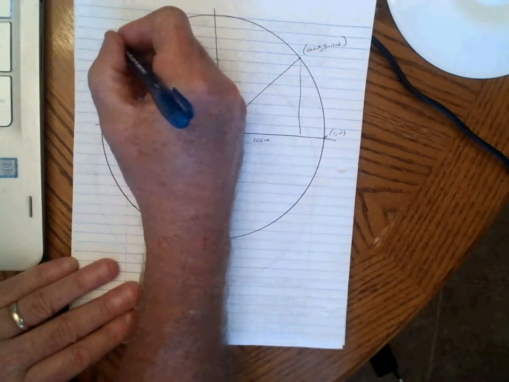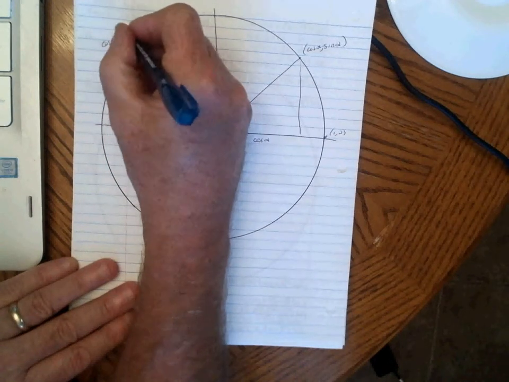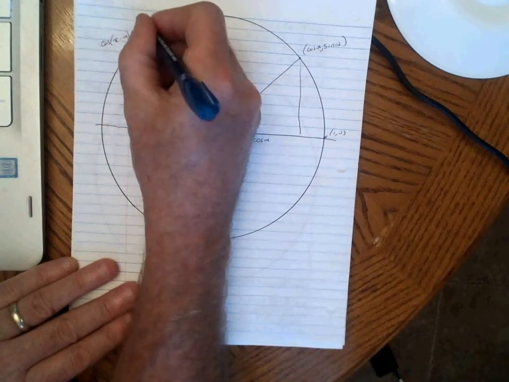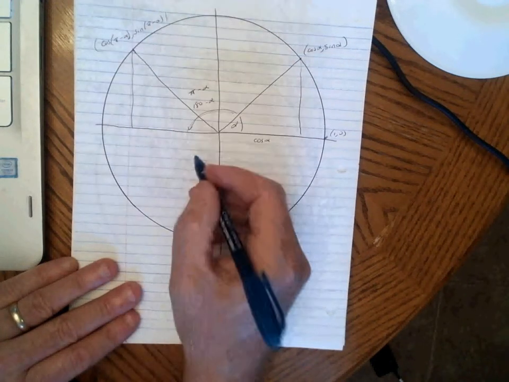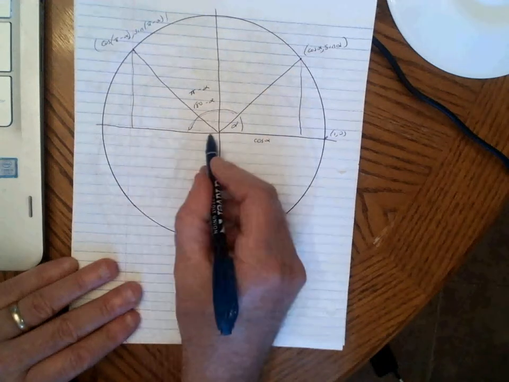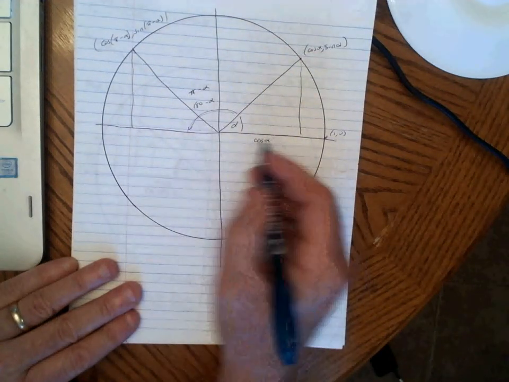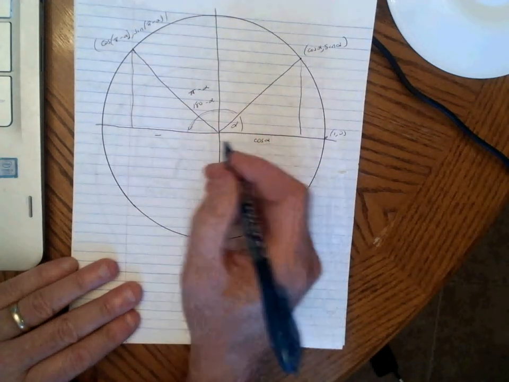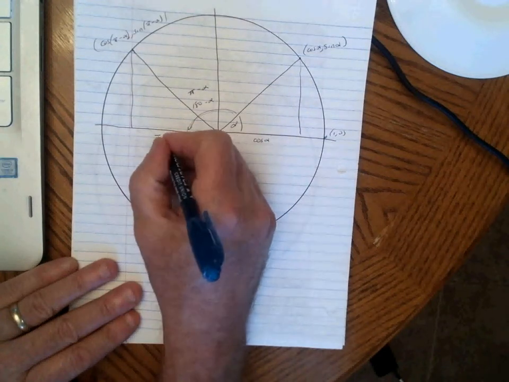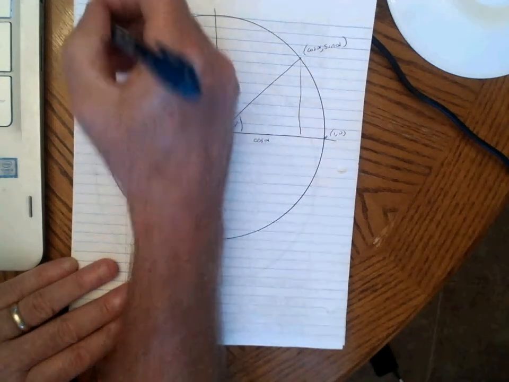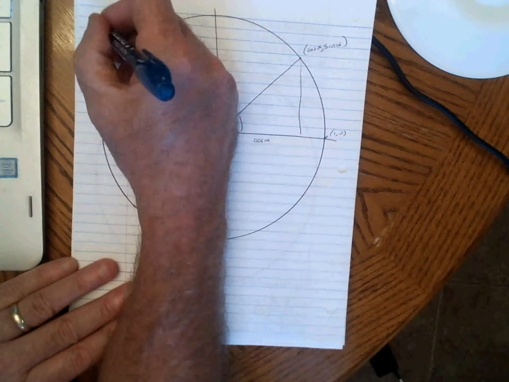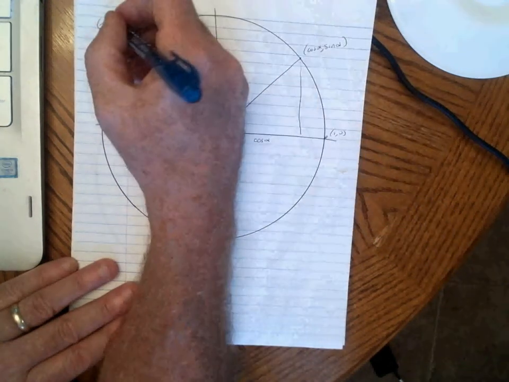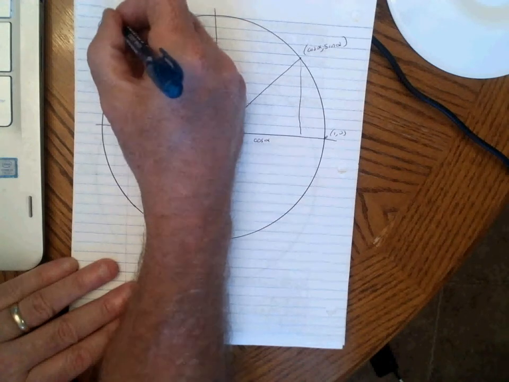That would make this cosine pi minus alpha, sine pi minus alpha. But the cosine of pi minus alpha is congruent to this, so the only thing different is the sign. This is negative cosine alpha. So cosine pi minus alpha is equal to negative cosine alpha.